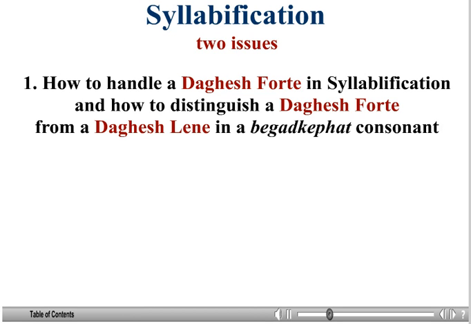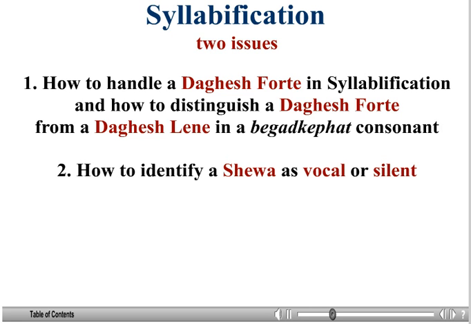That's the first issue that must be studied. And secondly, we must teach you how to identify a schwa as either vocal or silent. Once you have mastered these two issues, you will be able to divide most words into their syllables and thereby be prepared to pronounce Hebrew words correctly.